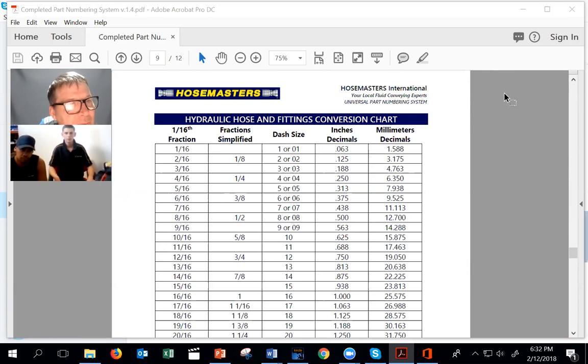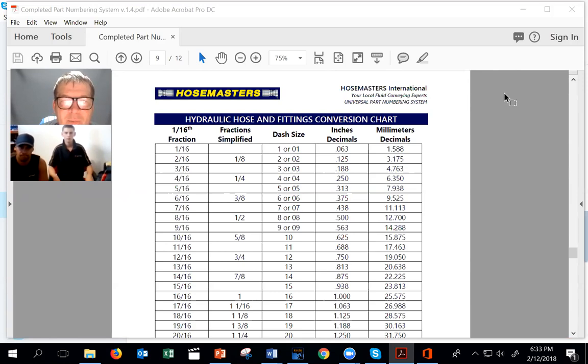So the thing that's most confusing about our industry is it's caught between the American system and the European system, right? So the Americans are imperial, and Australia and the Europeans are metric. So what you've got to understand is it usually takes the American system, which is imperial, so it goes in 16ths.